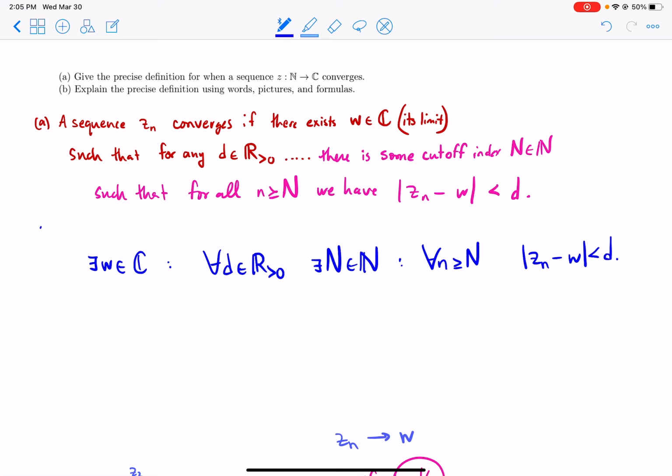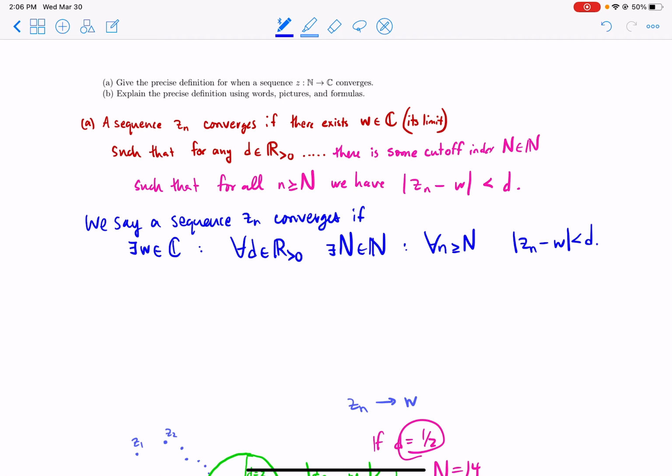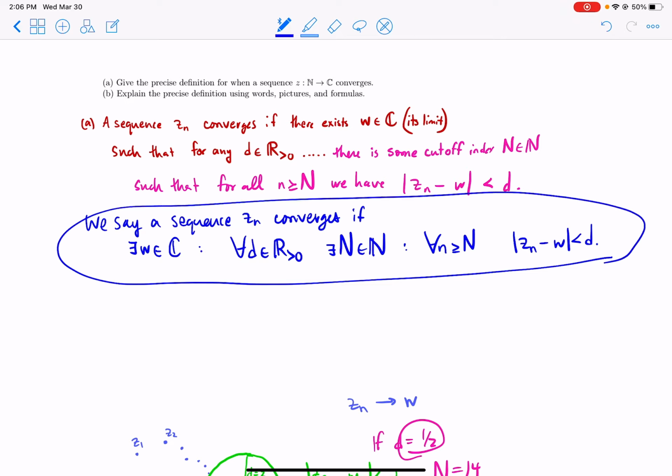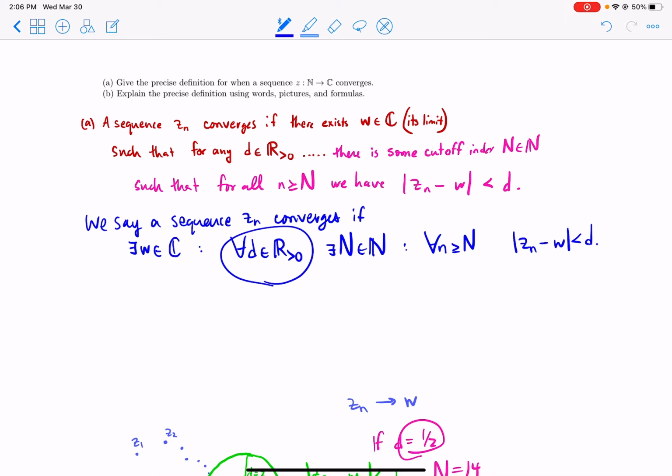So we say a sequence z sub n converges to w, or z sub n converges, if there exists a w such that for all d, there exists a cutoff index such that for all indices past the cutoff, we are d close.